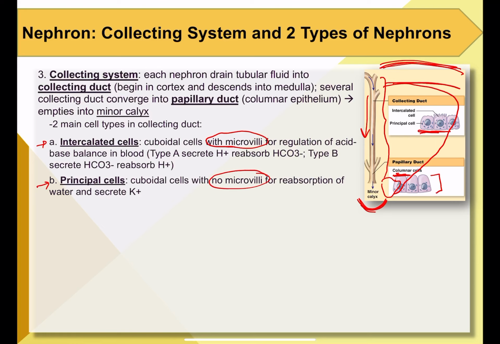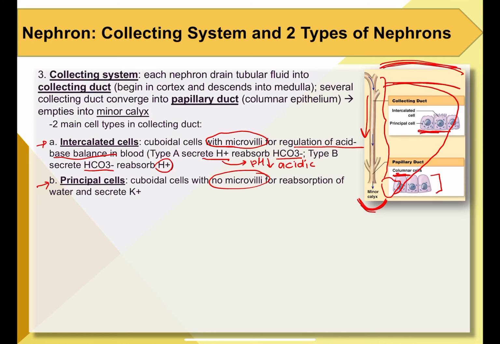Because intercalated cells are for regulation of acid-base balance in the blood. They will either secrete hydrogen ions or reabsorb bicarbonate, or they will secrete bicarbonate and reabsorb H+. Now, which is which? When you're secreting hydrogen ions, that means pH is too low or acidic.